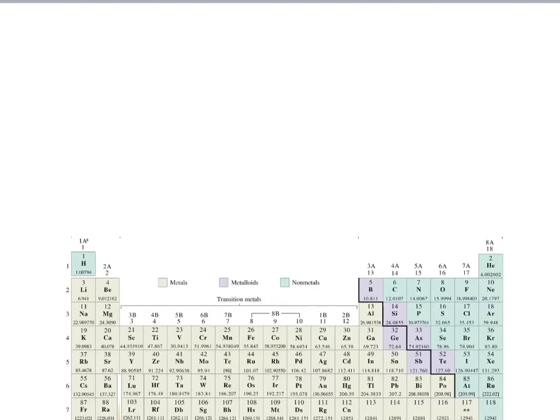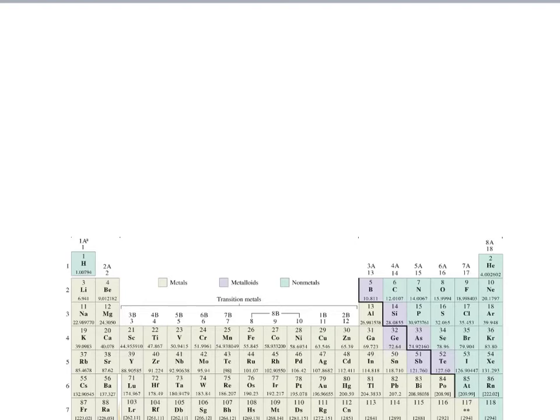Well, A, it's being attracted to this positively charged nucleus. But at the same time, you have all these other negative charges from the n equals 2 and n equals 1 shells that are shielding this 3s1 electron.